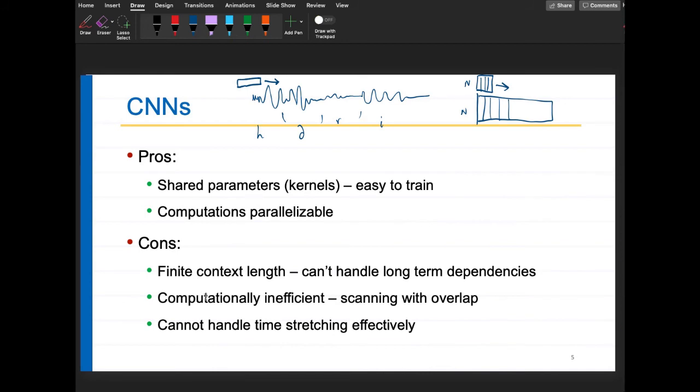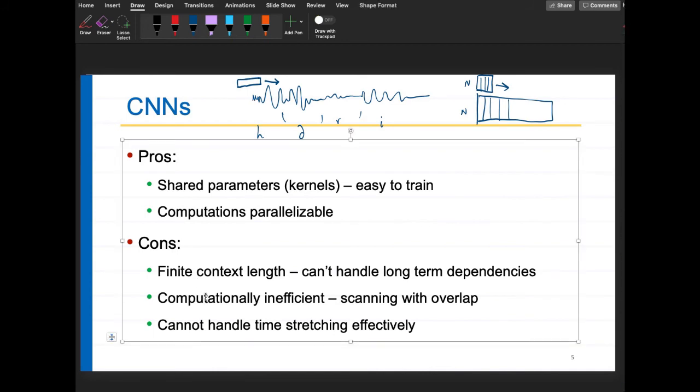Next is computationally inefficient. Why inefficient? Because you are scanning the time series with a lot of overlap, which means you are computing so many times over the same input.